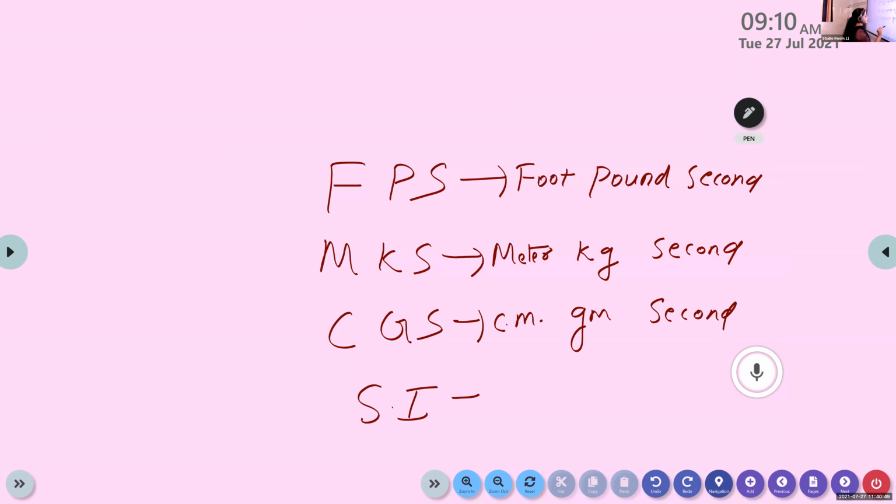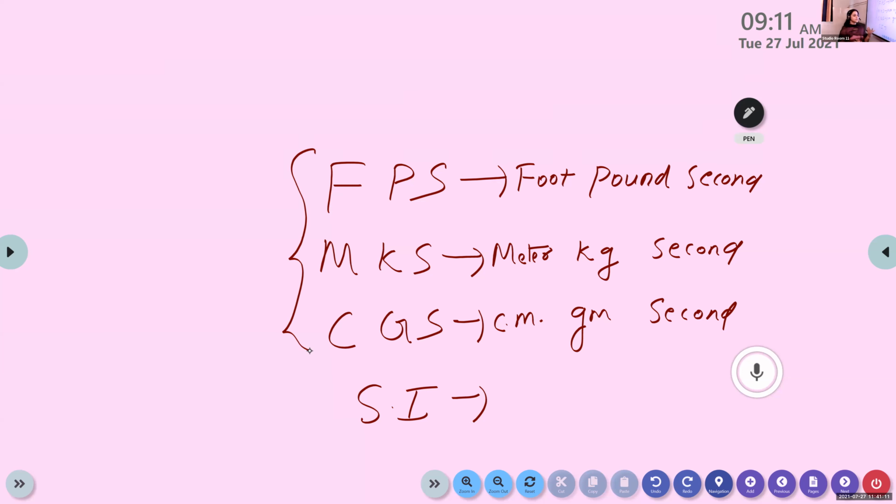And SI system means system of international units. In earlier days, we followed the FPS, MKS and CGS systems. That is, length is measured in terms of foot, mass in terms of pound, and time in terms of second.